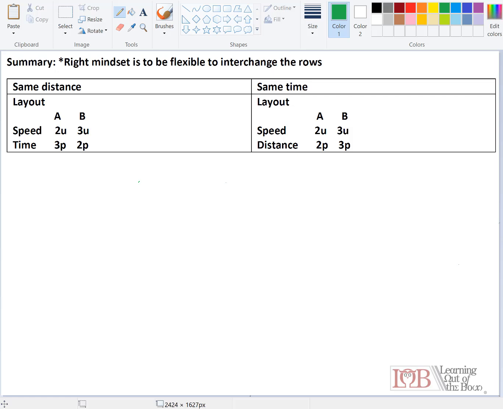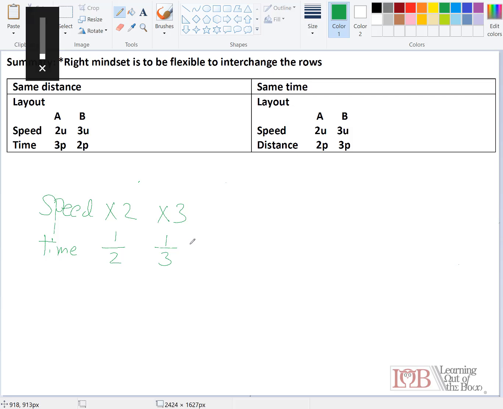Yeah. Okay. So let me use this very simple table. Okay. So remember we were saying that if your speed is double, your time will be half. Okay. So if it's triple, your time taken will be 1/3.